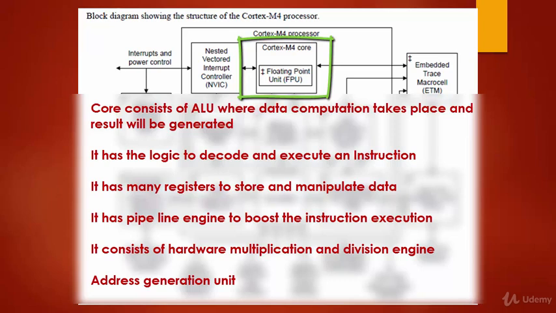It also consists of an instruction decoder to decode the instruction it fetches from the program memory, and it checks whether it is indeed a valid instruction or not. All these components are part of the core.